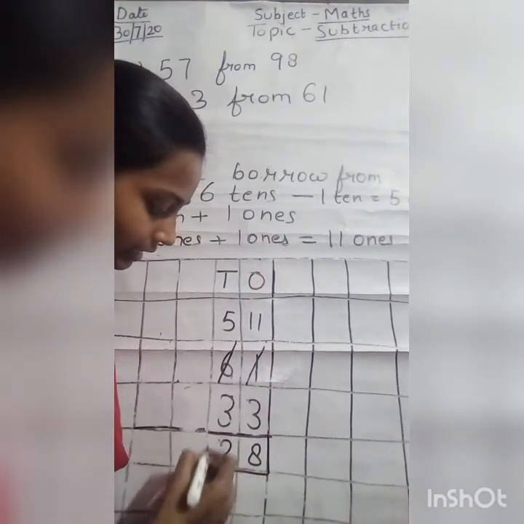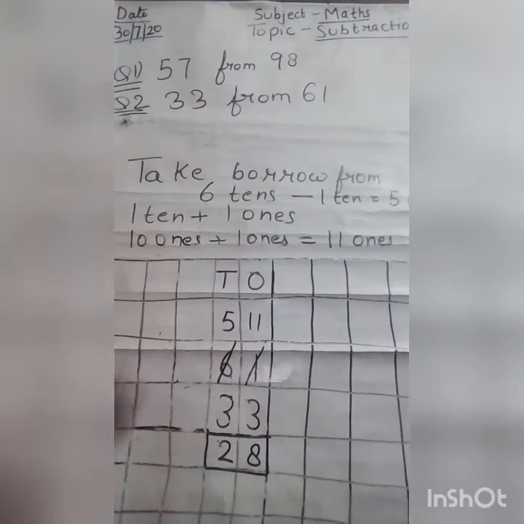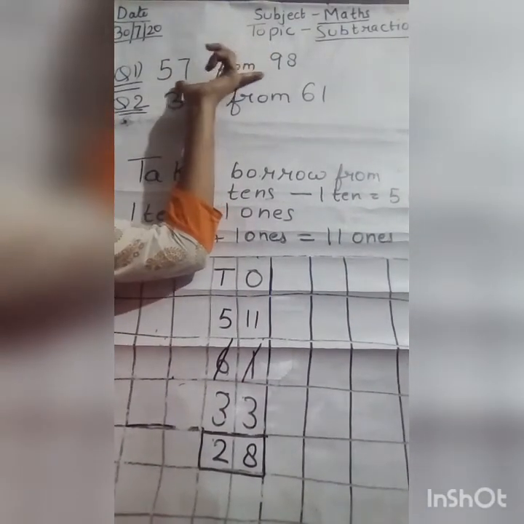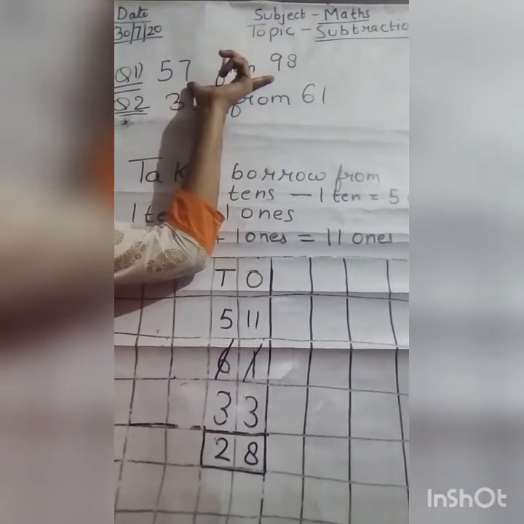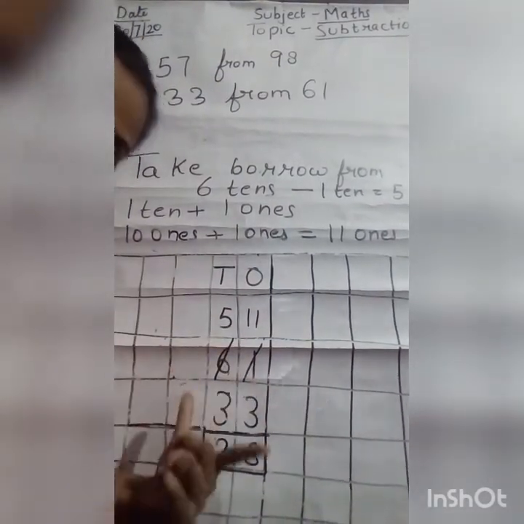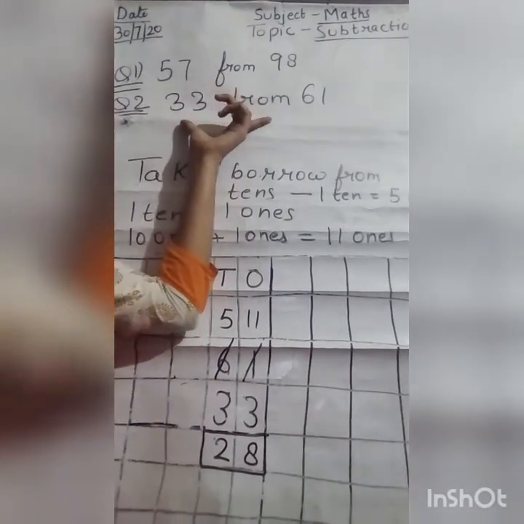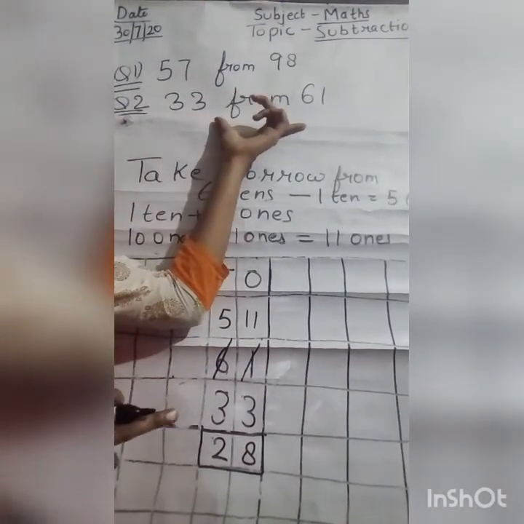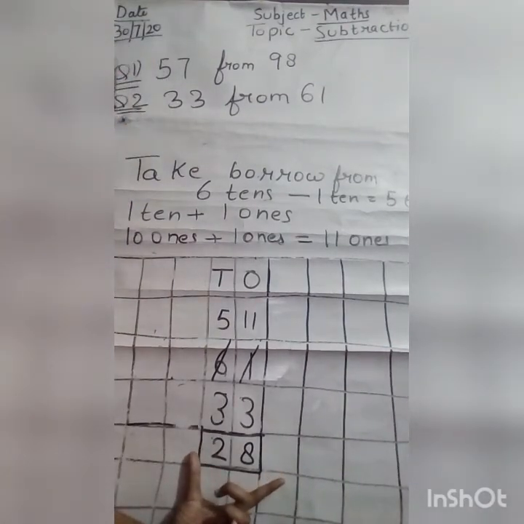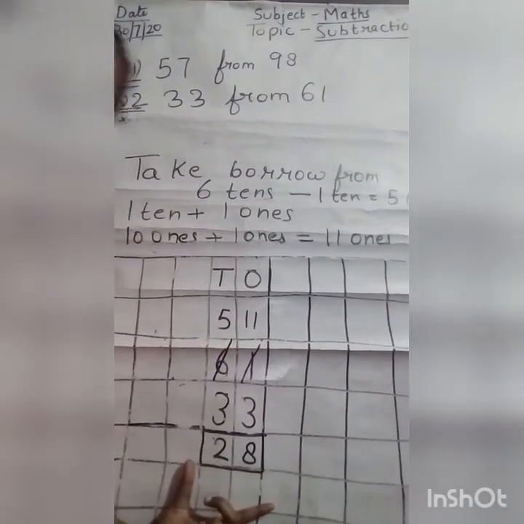Children, in the first question, 57 from 98, there is no need of borrowing. That is the non-grouping question. But in the question 33 from 61, we have to regroup the number. So this whole process is called regrouping.